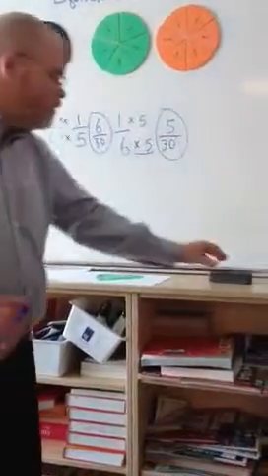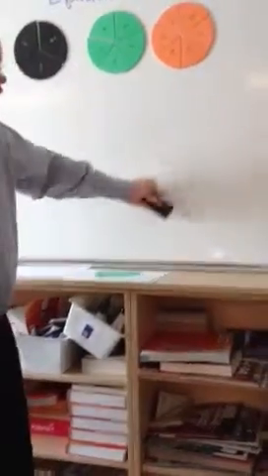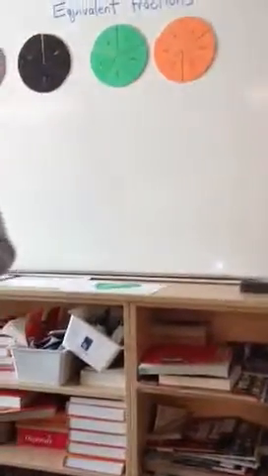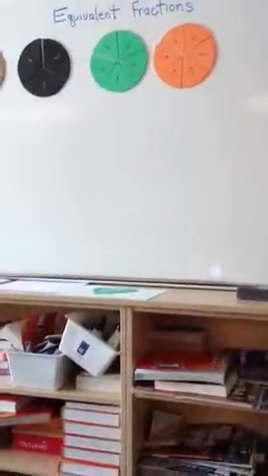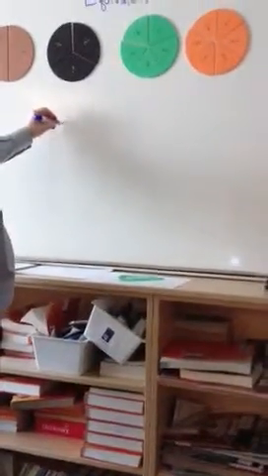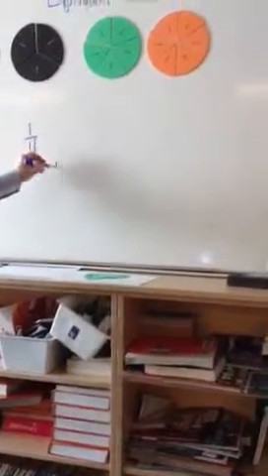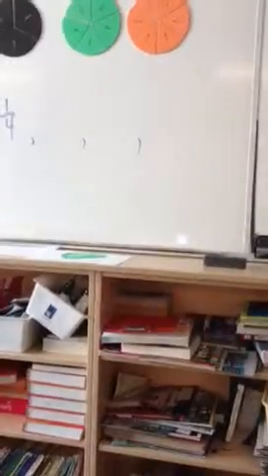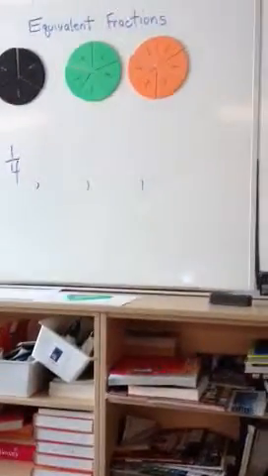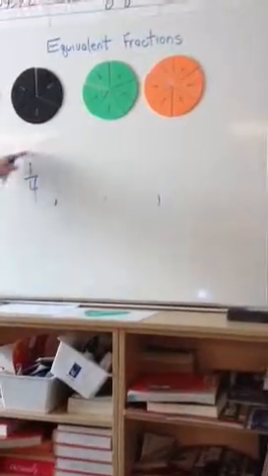So that's one thing we've been looking at. Another thing is to recognize equivalent fractions in patterns. If I take a fraction like 1/4, and students are asked to figure out the next three in the pattern, we can visualize what the next fraction is.